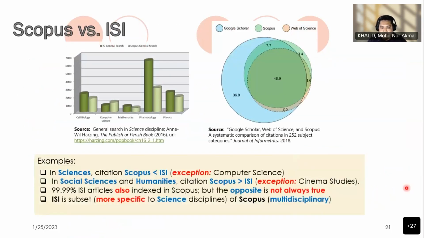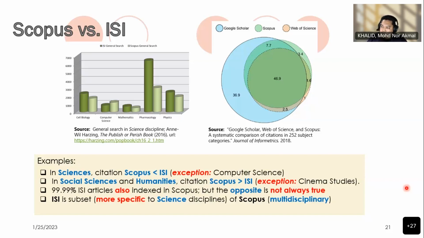And then there is some debate about the differences between Scopus and ISI. In essence, both of them have some shared value, meaning that Web of Science is part of Scopus, but not all. Some of it is excluded from Scopus because of subscription issues and so on. But one thing that differentiates them is the coverage of the topic or the discipline.